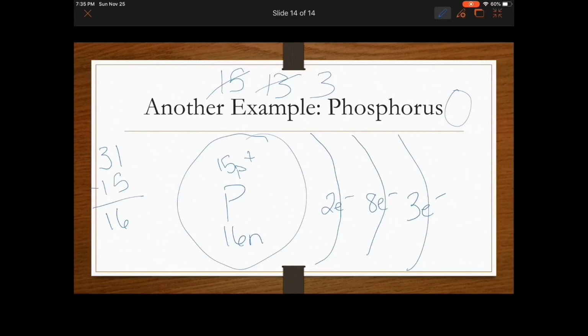Make sure you're labeling every piece of this atom so that we know which numbers are which. Sometimes there could be 15 and 15 protons and neutrons, so I wouldn't know which one was which. This way we don't lose track of anything and we know where we're at.